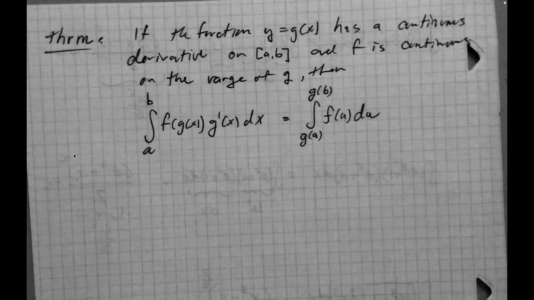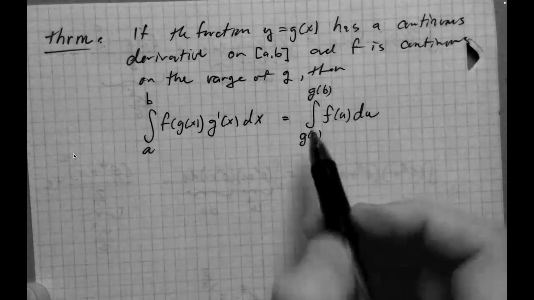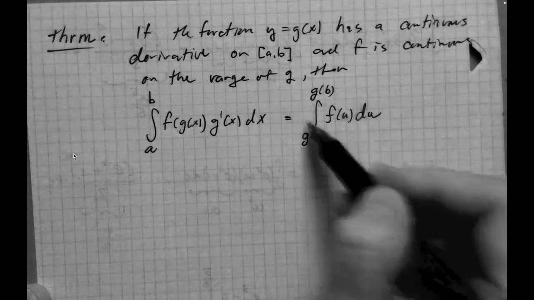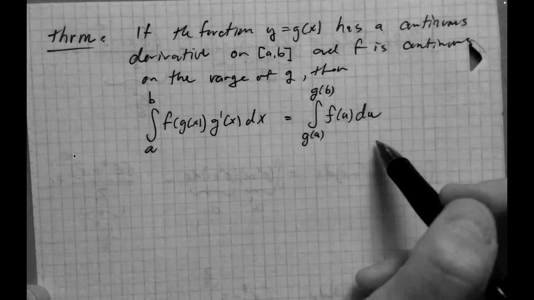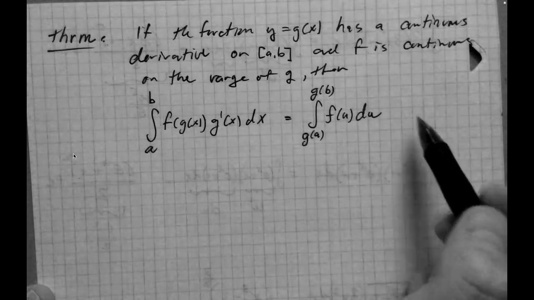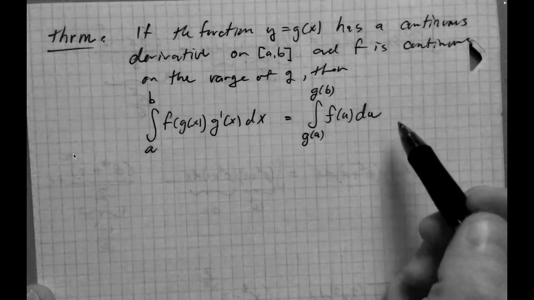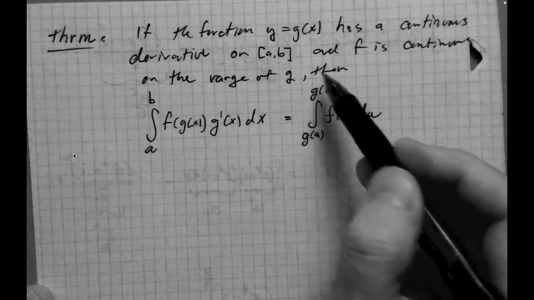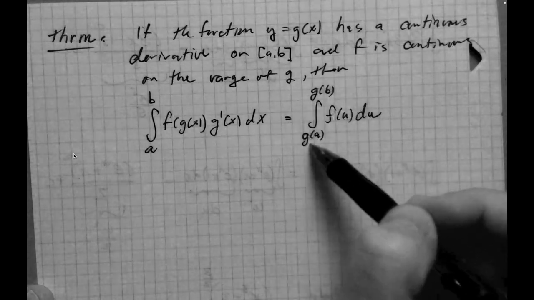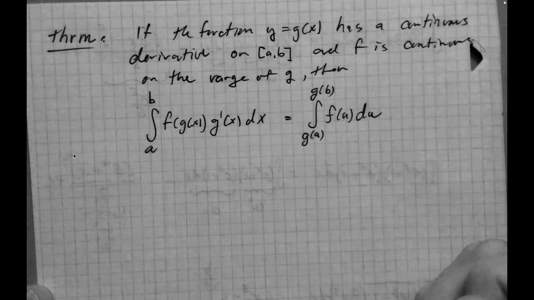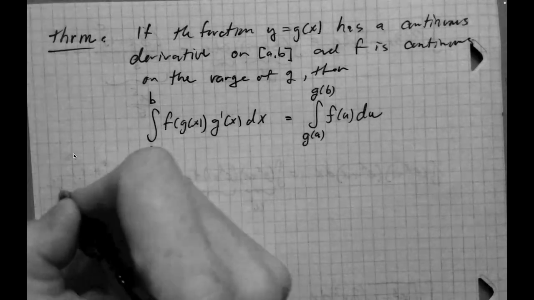So you can calculate what the integral of f of u du is, and then just like before, whatever that antiderivative big F is, you can evaluate the top and the bottom directly. But in order to do that, you have to first adjust the bounds of the integration using the g function.